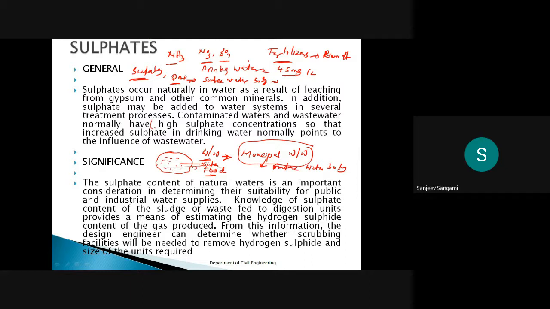Even if 45 milligram per liter or 20 milligram per liter of sulfates are there in drinking water, it does not cause any bad effects on human health. But the same concentration of pesticides in drinking water is definitely going to kill humans, and we'll discuss that in a separate class.